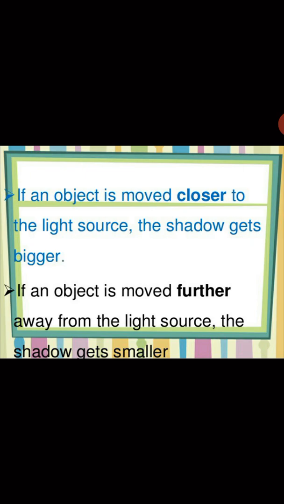The shadows also depend on where the light source is and where the object with which we are blocking the light is placed. So, if the object is closer to the light source, the shadows are bigger. But if the object which is blocking the light is further away from the light source, then we get small shadows.